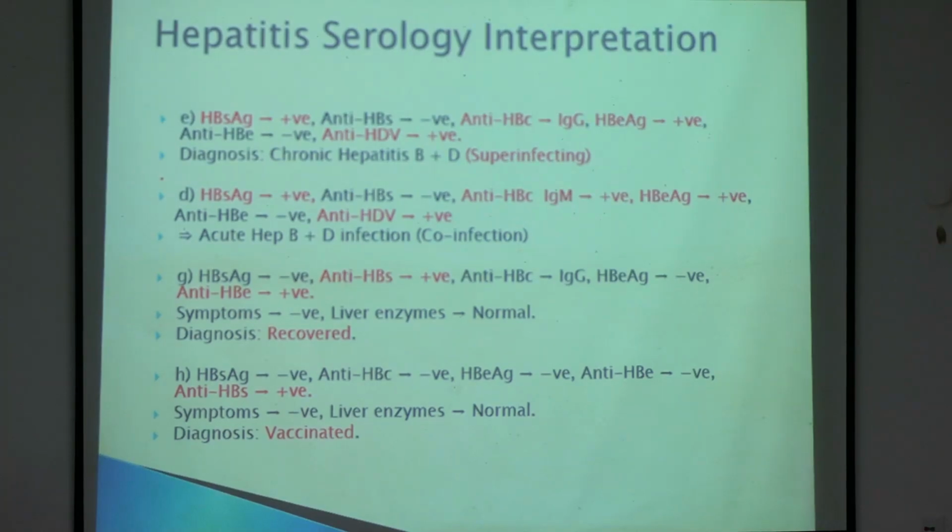Earlier he was positive for HBe, only the antigen. Now he is recovered. Are you getting it, all of you? So this is for your exams, you will get like this. Then we have vaccinated. Already you know, vaccinated किसका है? Anti-HBs. We were talking, ना, few minutes back. सबके सब में अगर वैक्सीन है तो anti-HBs है, ठीक है?